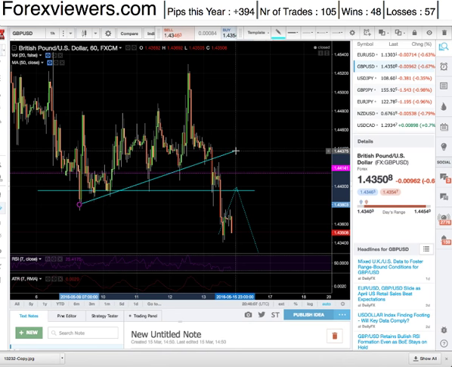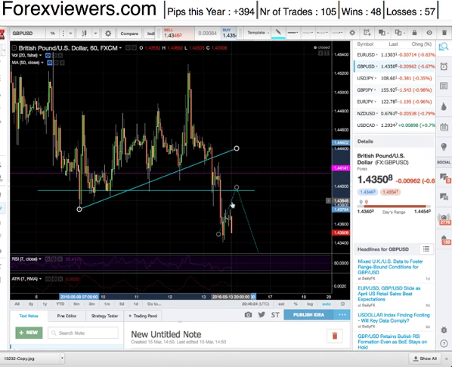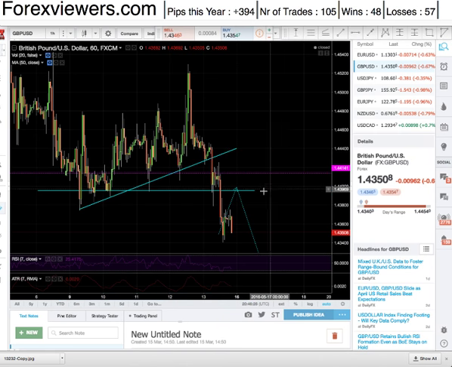Got a push, barely kissed it right here. We could adjust this a bit. The thing about trend lines, you can always adjust them. Something like that. But I'm going to leave this blue line right in here, which is representing my structure.